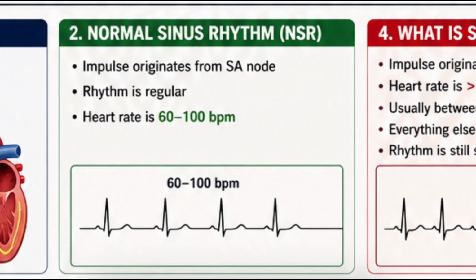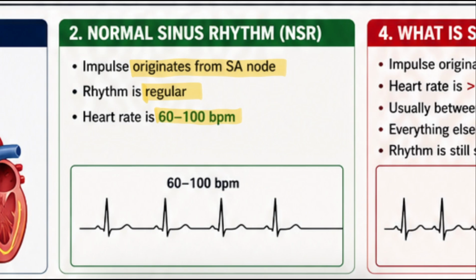Okay. So what is normal sinus rhythm? A rhythm is called normal sinus rhythm when the impulse originates from the SA node, the rhythm is regular, and the heart rate is around 60 to 100 beats per minute.